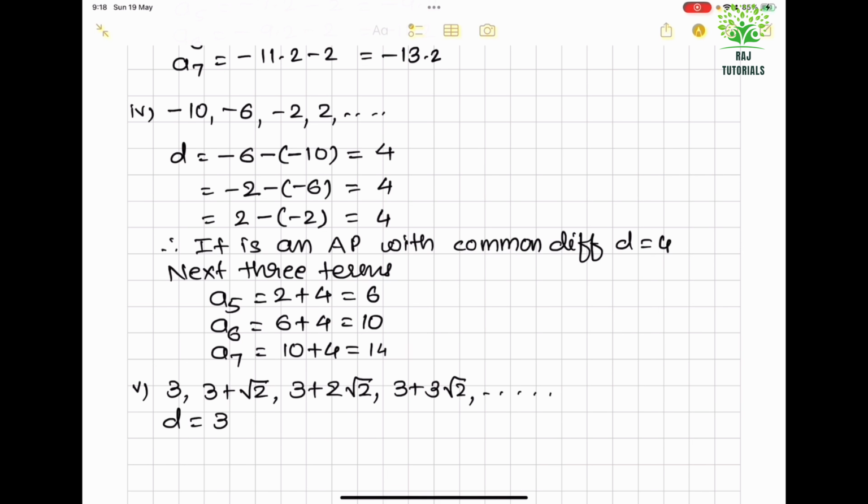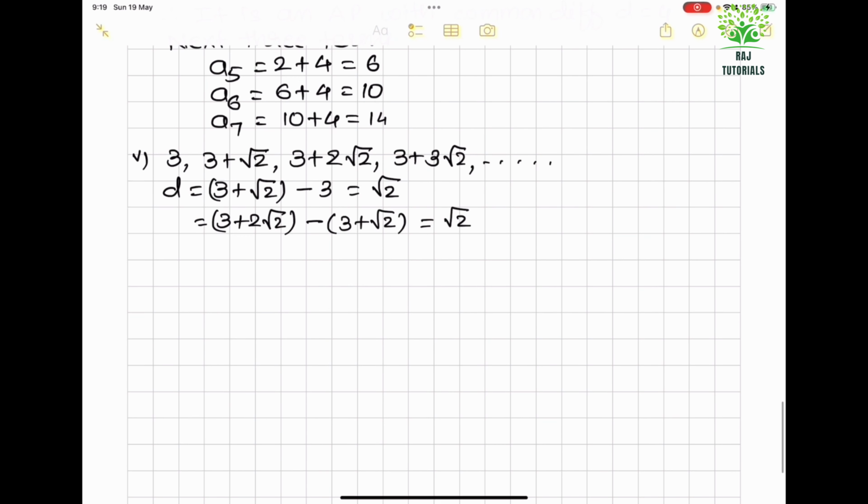So D equal to 3 plus root 2 minus 3, that is root 2. 3 plus 2 root 2 minus 3 plus root 2, that is root 2, and 3 plus 3 root 2 minus 3 plus 2 root 2, that is root 2.